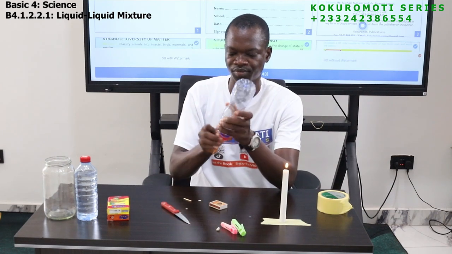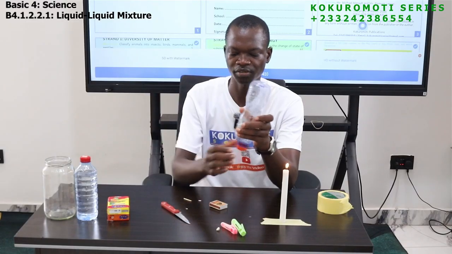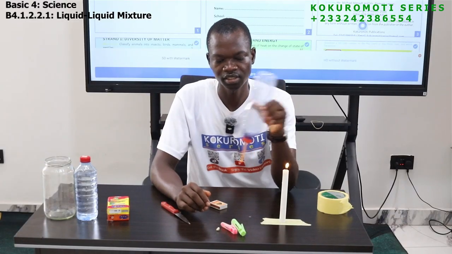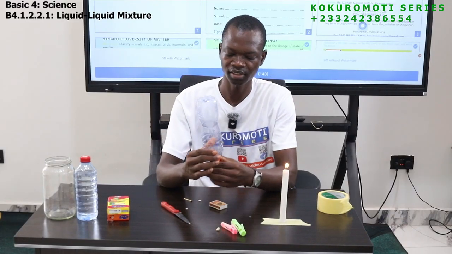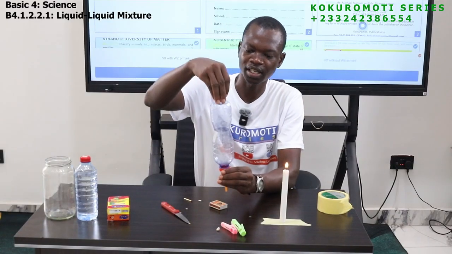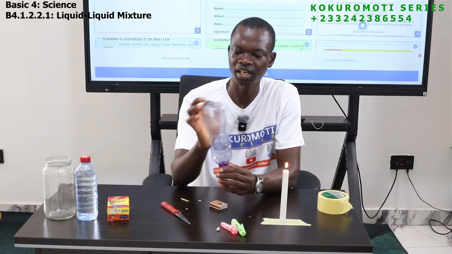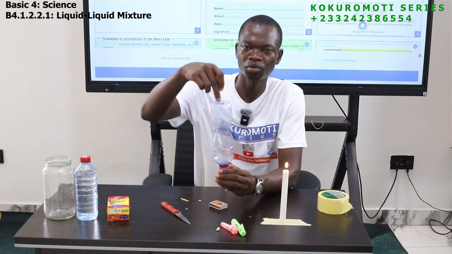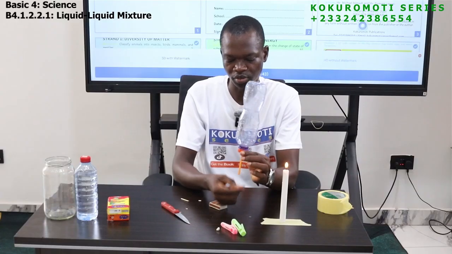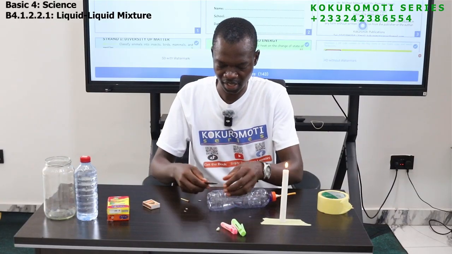So how do we pour water into it if this side is connected? If the top is attached to it, how do you pour water here? So what you do is to cut this side. If you cut this side, we can pour water and the water will flow through here. So let's cut this side.